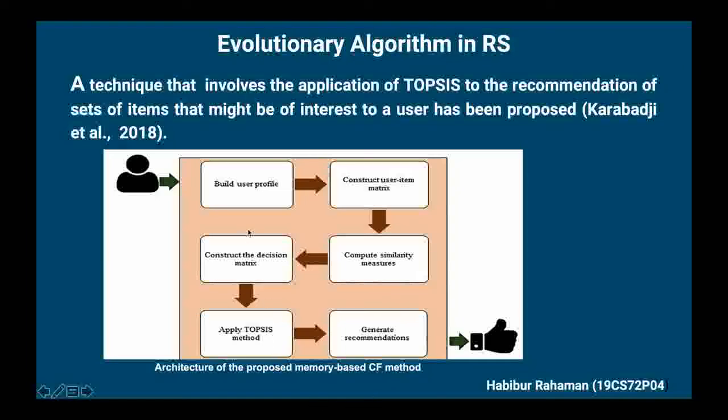First the feedback from the target is gathered, then the user-item matrix is generated, and then the similarity is calculated using baseline methods like PCC and CPCC, and then the construction of the decision matrix takes place. Then the TOPSIS method is applied to evaluate and rank all the alternative items, and then the recommendation is generated for existing and new users.